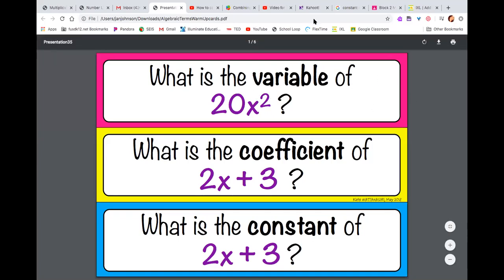You could put your response in the chat box. What would the variable be for 20x squared? 20. Okay, someone says 20. What is a variable? Right.